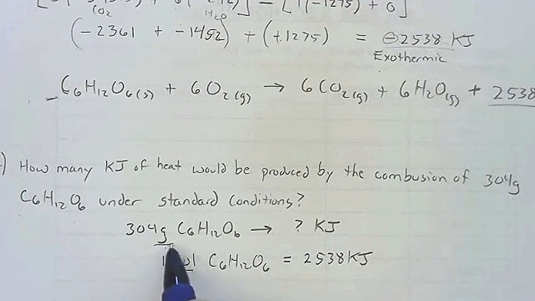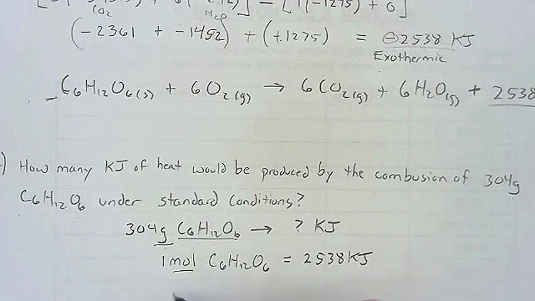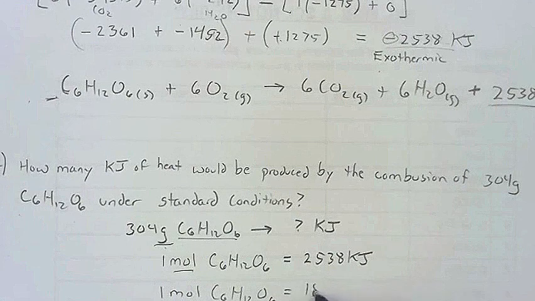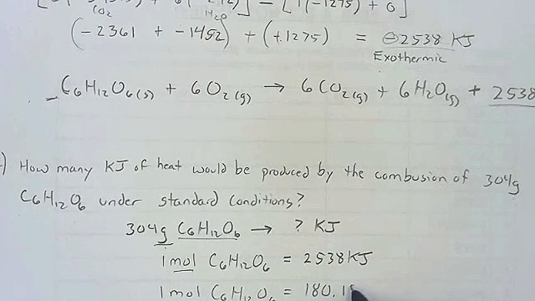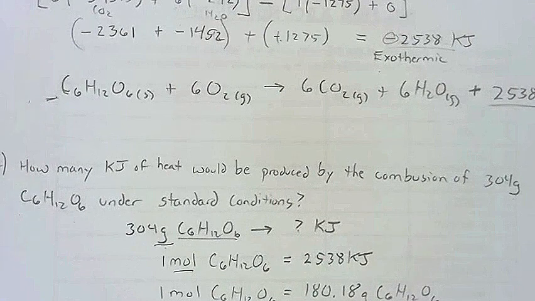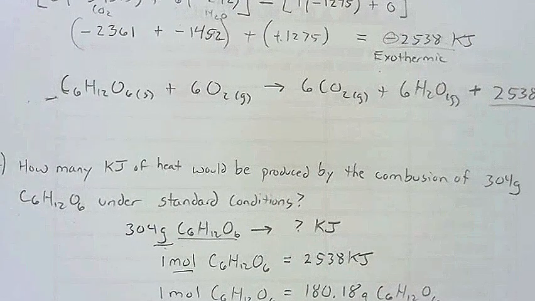I need to have the molar mass of C6H12O6. And 1 mole of glucose is equal to 180.18 grams of glucose. And that's 6 carbons, 6 oxygens, and 12 hydrogens.